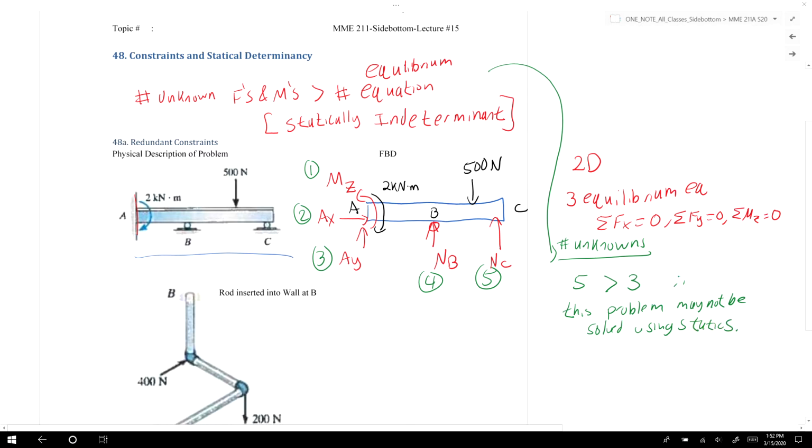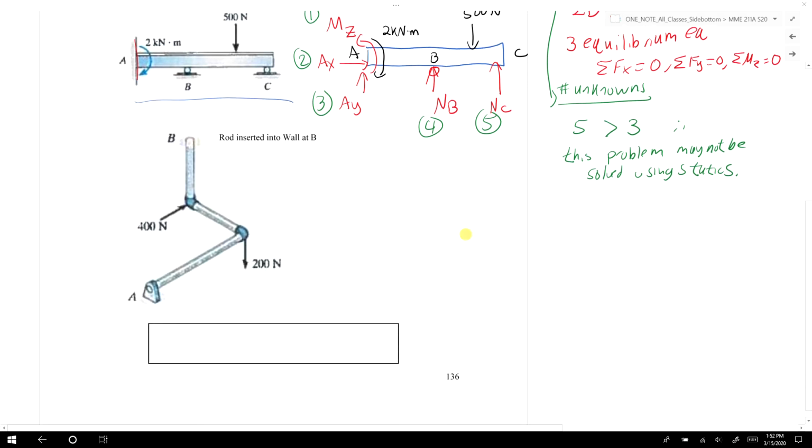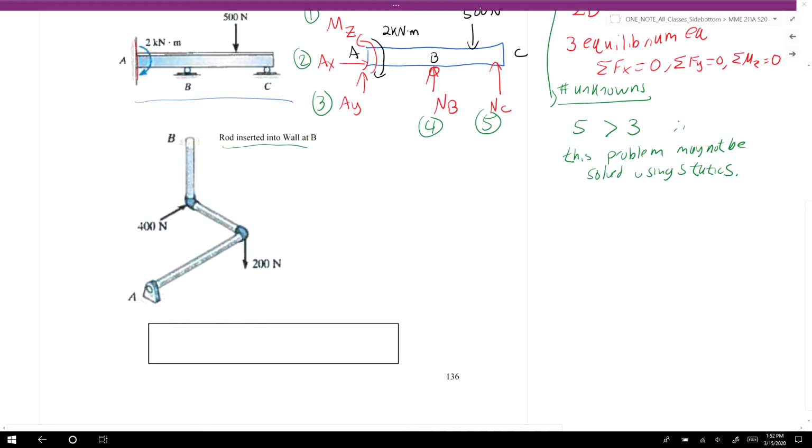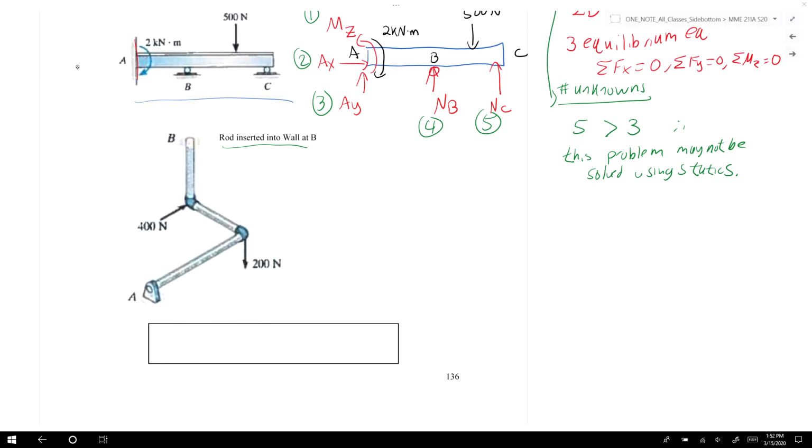The second example we have is a rigid body, so I'll draw its outline out here. It is a rod.